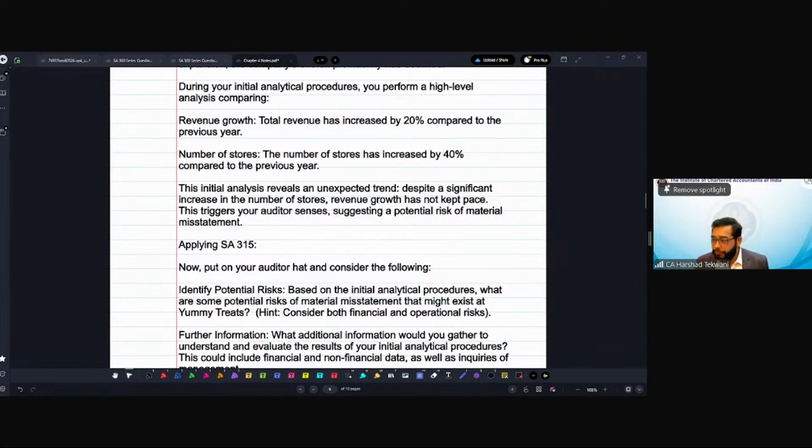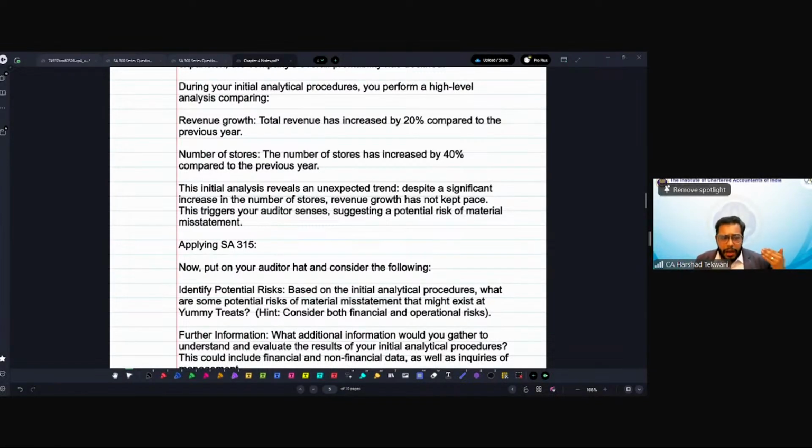Again, there could be ineffective store performance. If I talk about the operational side, the store is not performing effectively, meaning although they are generating the revenue, the operational cost of those stores has increased, or the cost of opening new stores, because the number of stores has increased by 40%, is eating into overall profitability.